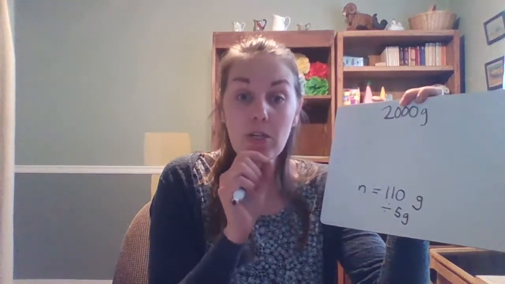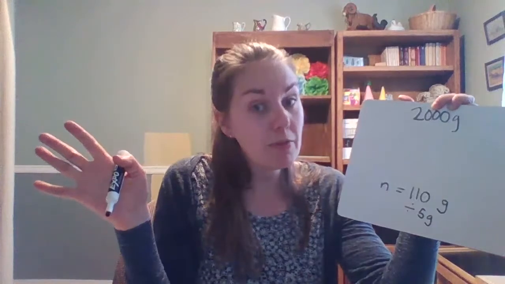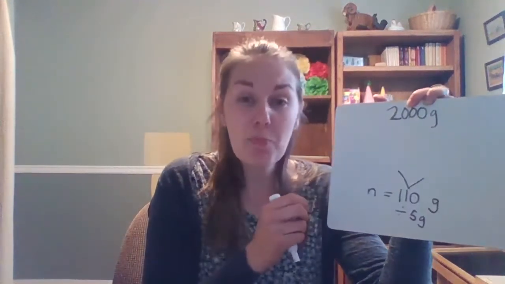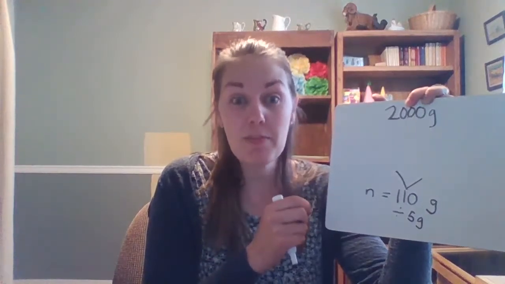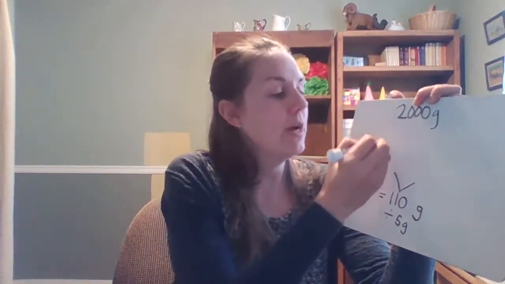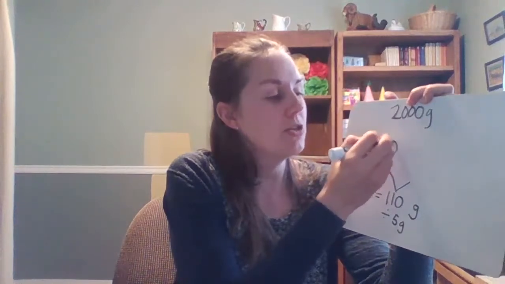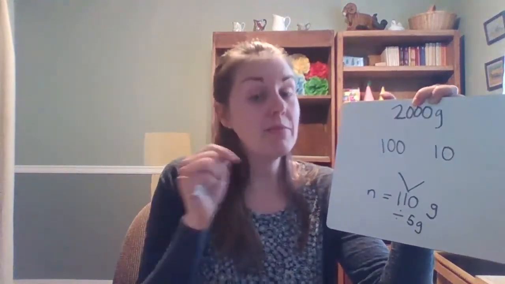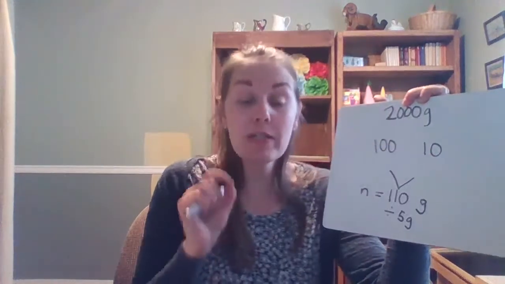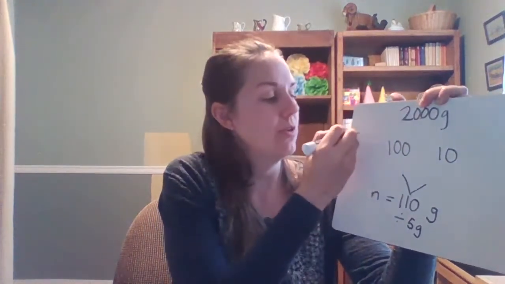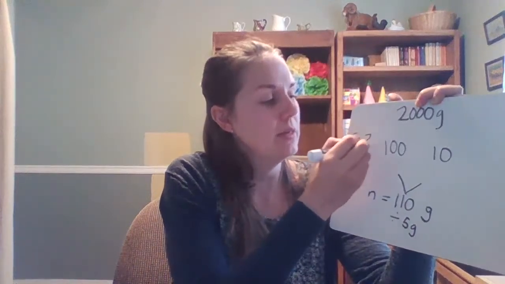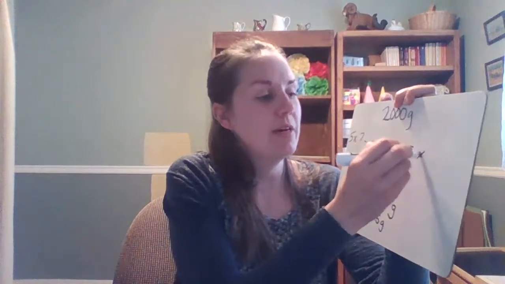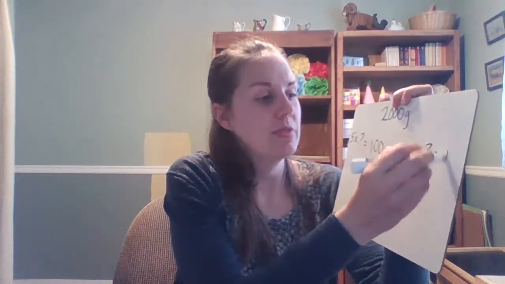So once again, I'm going to use that distributive property of multiplication, which says that I can break up my numbers however I want to make the problem easier. So I'm going to think of 110 as 100 plus 10, and I'm going to think of what times 5 equals 100 and what times 5 equals 10.